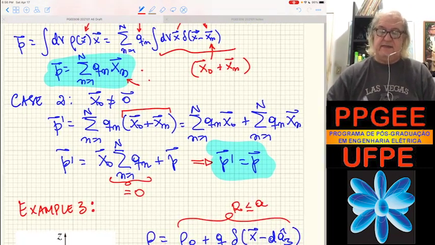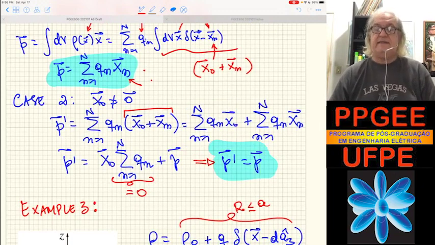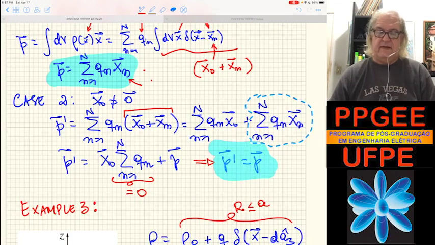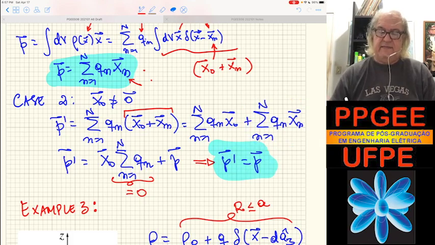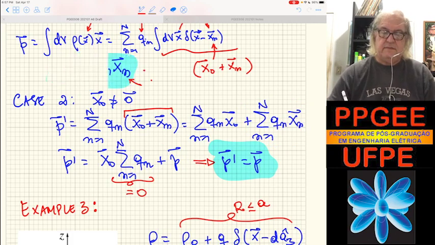We can separate in two terms, one that has the x0, the other has the xn, as before. This is the same dipole moment I just calculated in the previous example.